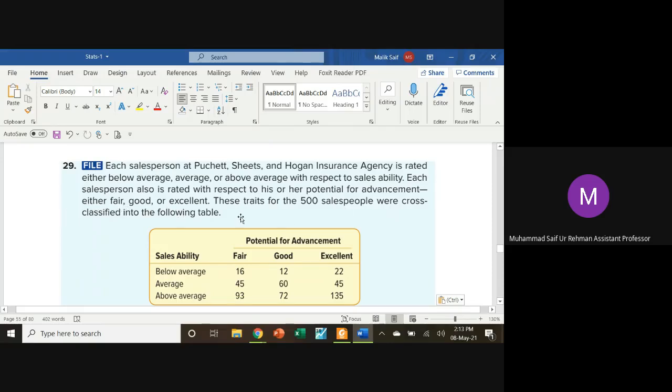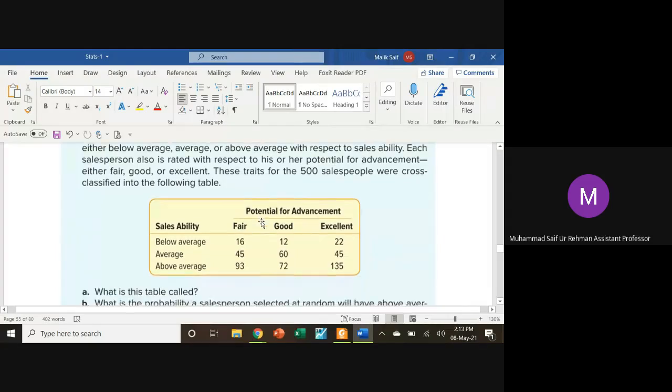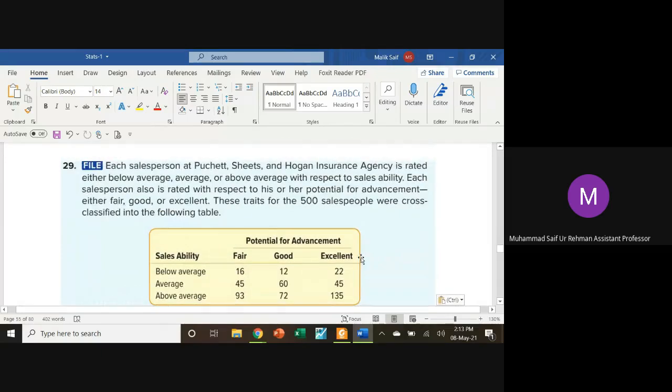These traits for the 500 salespeople were cross classified into the following table. So this is the table where in total there are 500 salespeople, and these are the traits or the characteristics that these salespeople have.